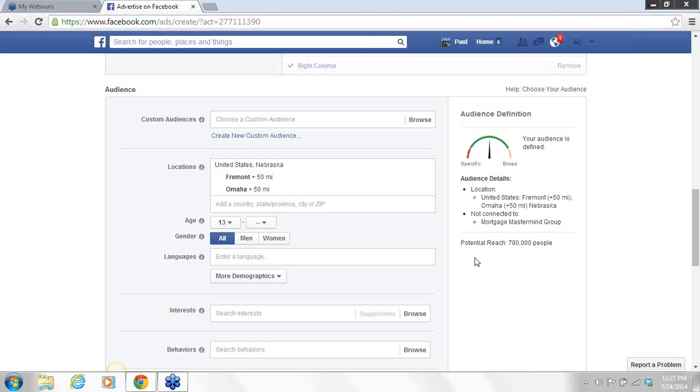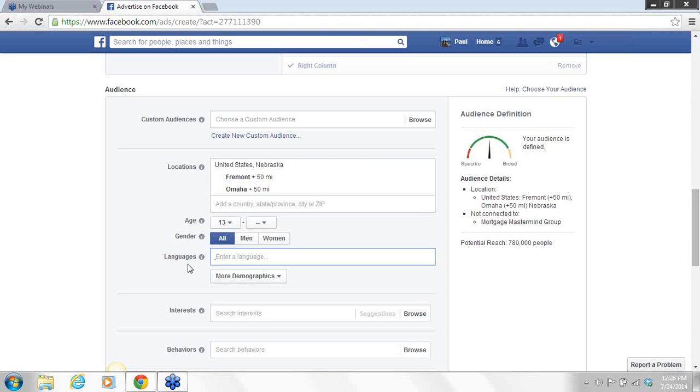With the age, I always leave that by default at what it defaults to. Same thing with gender. I'm looking for all, men and women, especially with the consumer direct ad. Language, I leave language alone. I never even mess with language. From what it looks like, it only allows you some Spanish options as far as language. I may be able to type in a different language, but I don't change that.